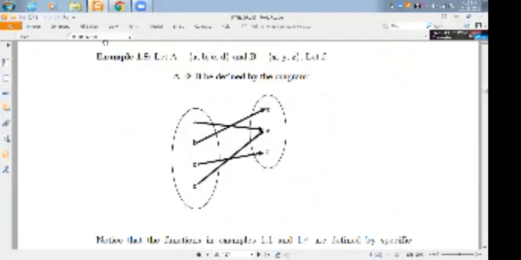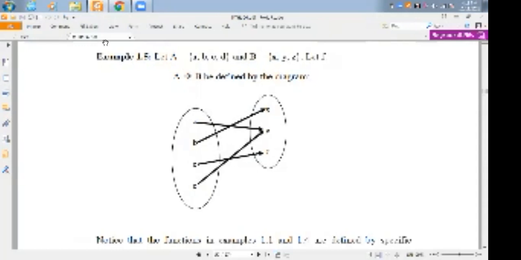So that is example 1.5. Let A be a set A, B, C, and D, and let B be a set X, Y, Z. You can see the map, set A and set B. So each of these elements, the set on the right hand side that has elements X, Y, Z is what we call the codomain, while the set on the left hand side that has A, B, C, D is what we call the domain.